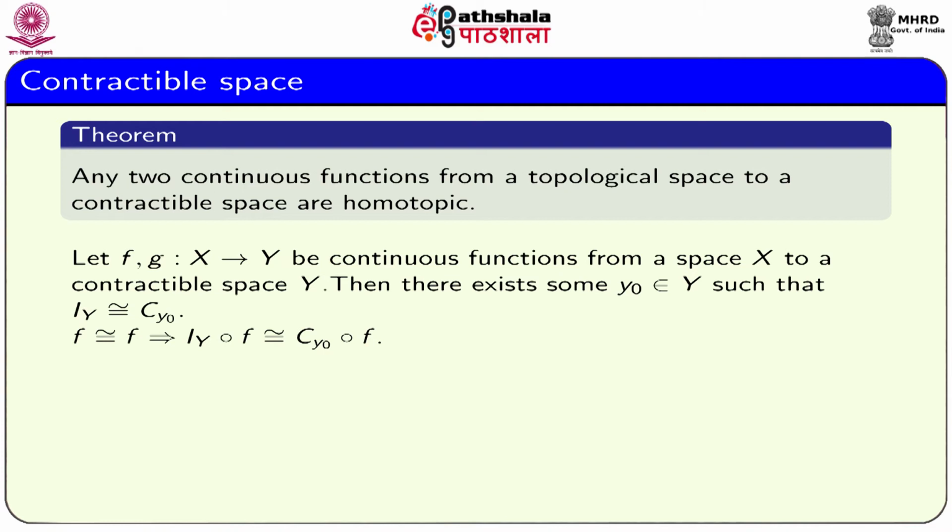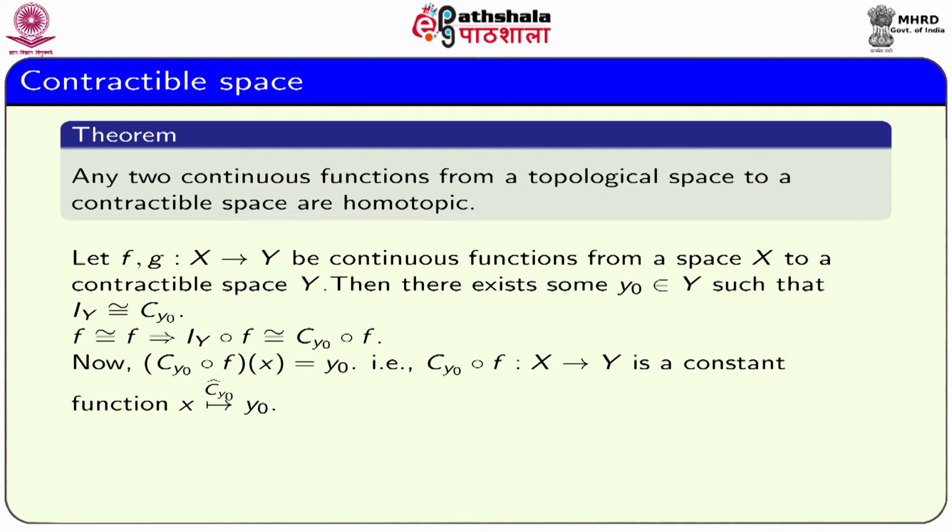Now it is known that being homotopic to is an equivalence relation. So f is homotopic to f, and we have already proved earlier that composition of two homotopic maps are homotopic. So identity composed f is homotopic to cy0 composed f.